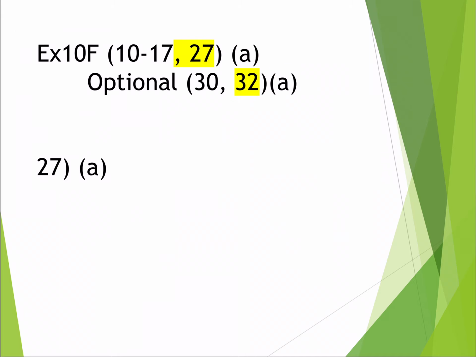Okay, now you can have some more. Today's homework is exercise 10F. In this video, I will go through question 27 with you. Let's take a look together. Square root 12 times square root 15 divided by square root 24.